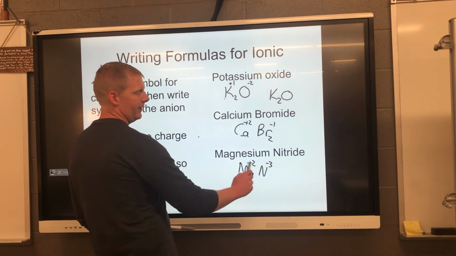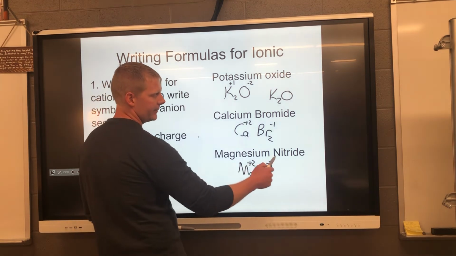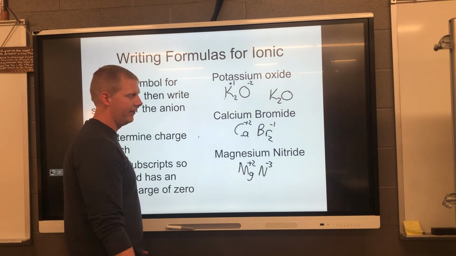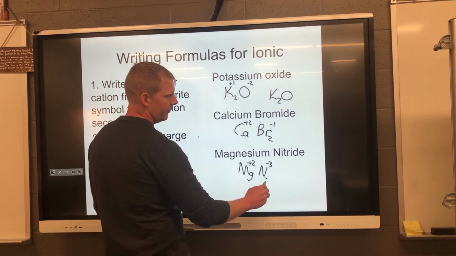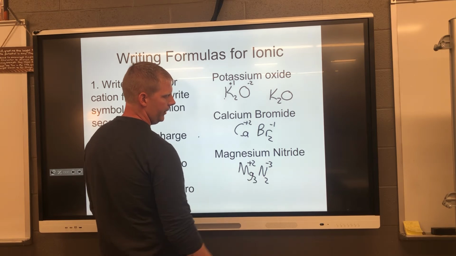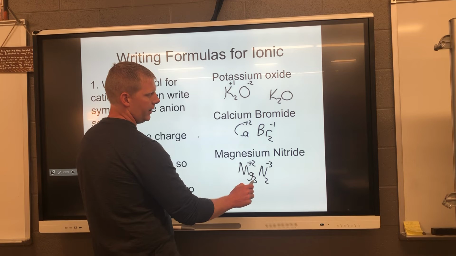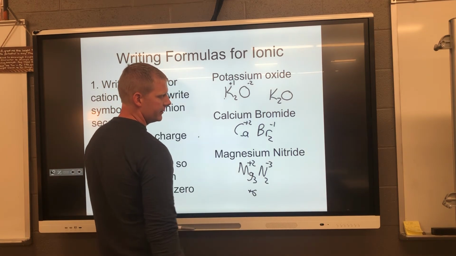All right, so they do not equal each other now. If I just add another magnesium, then I have positive 4, negative 3, still not balanced out. So really we're looking for the least common multiple between these two. But again, if we bring them down and across, if we have 2 nitrogen and 3 magnesiums, positive 2 charge times 3 atoms of magnesium gives us a positive 6.